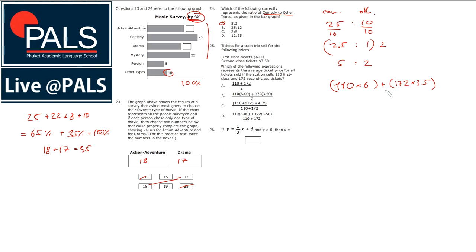So how do we find the average or the mean? We add up all the numbers that we have and then we divide by the total number of numbers.